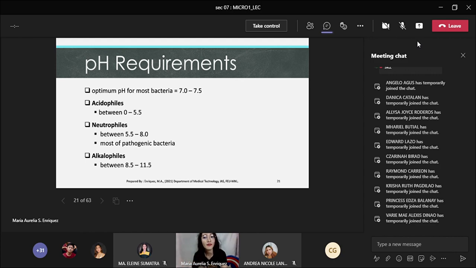So neutral lang, okay? They fall under the category of neutrophiles. So if a bacteria would grow better in places with low pH, they are known as acidophiles. And if a bacteria would grow better in places with a much higher pH, then they are classified as alkalophiles.